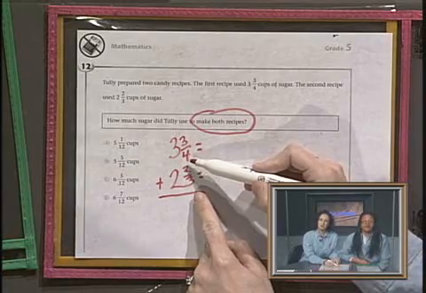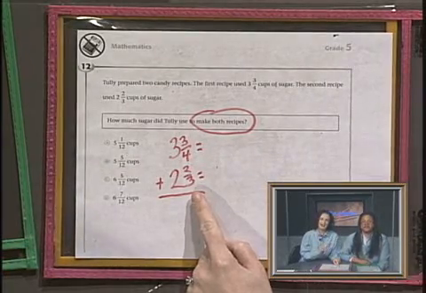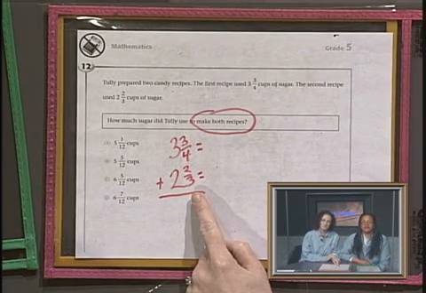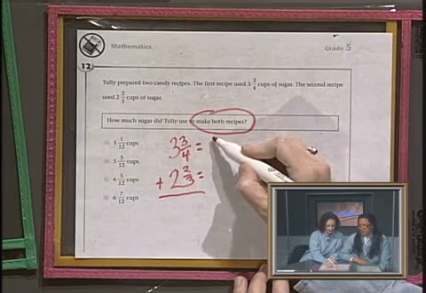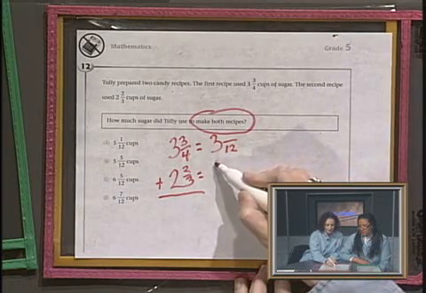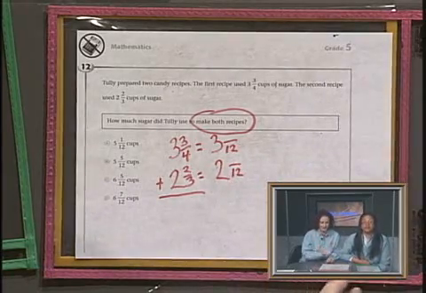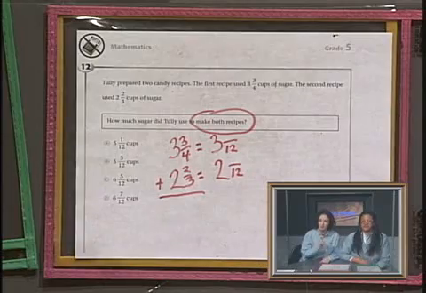Knowing that 4 and 3 are my denominators, I want to find my least common multiple. For 4 and 3, my least common multiple is 12. So I'm going to rewrite them with the denominator of 12. I'm also going to rewrite the whole number, because I want to make sure not to forget that whole number.